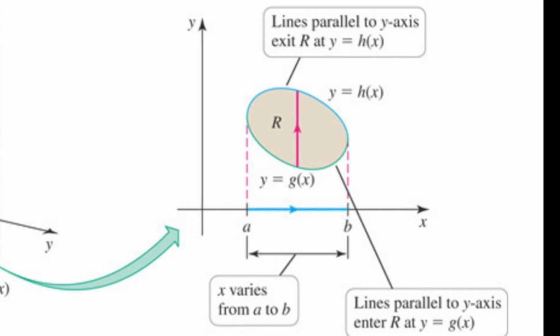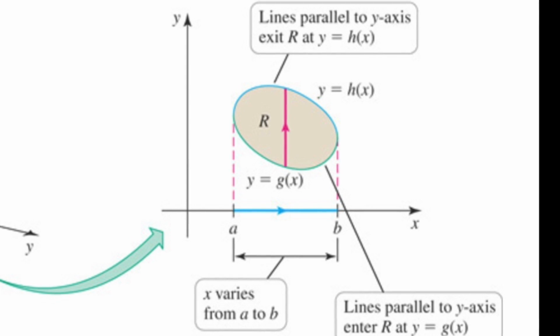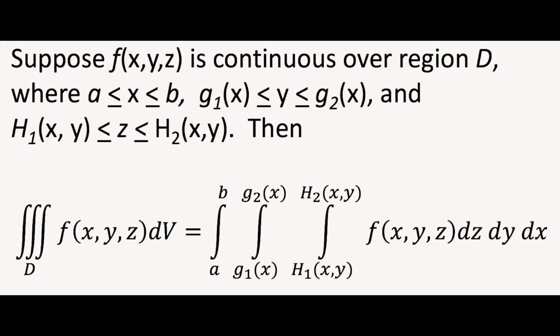And in our outer integral with respect to x, we'll be integrating from a to b. Integrating in this fashion, we'll actually get the volume with the triple integral of f of x, y, and z dV, or if given the density function, the mass of the solid.